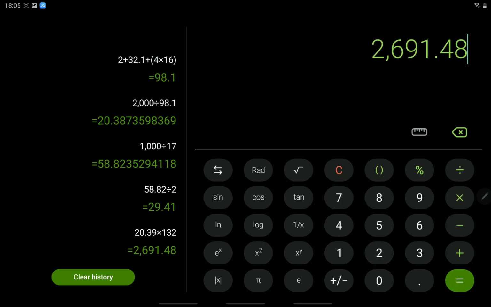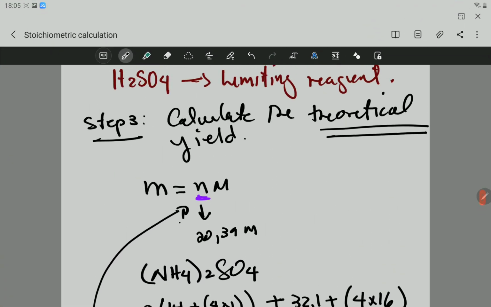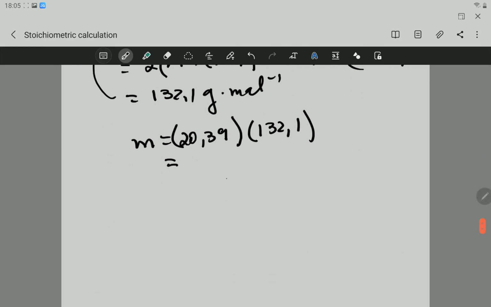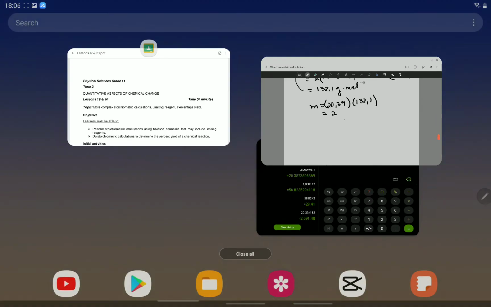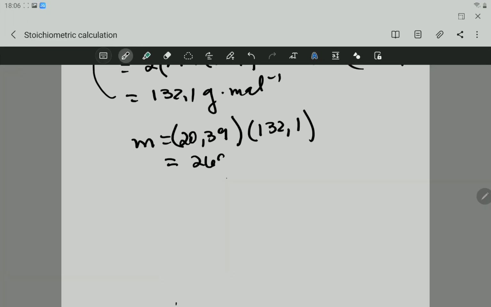That gives me 2,691.48 grams. This is the theoretical yield.